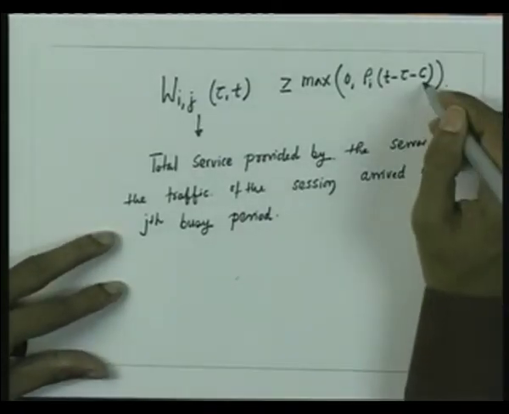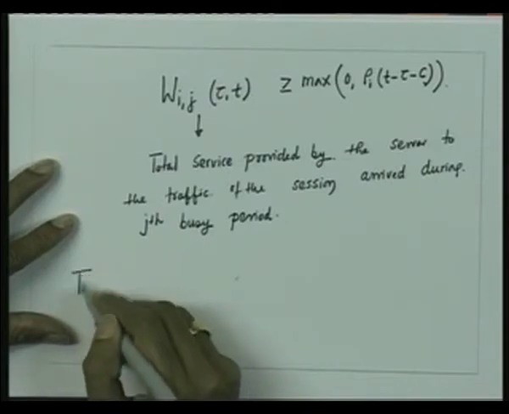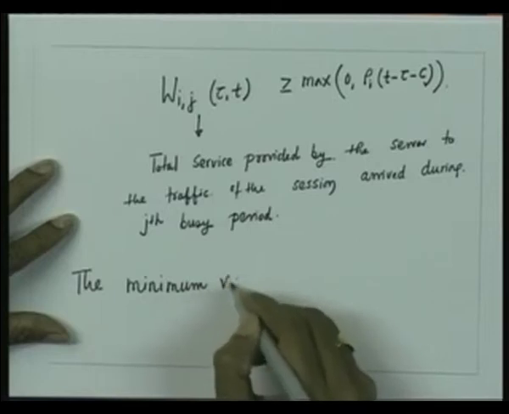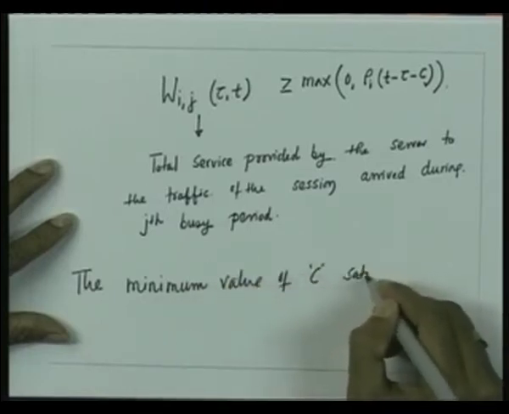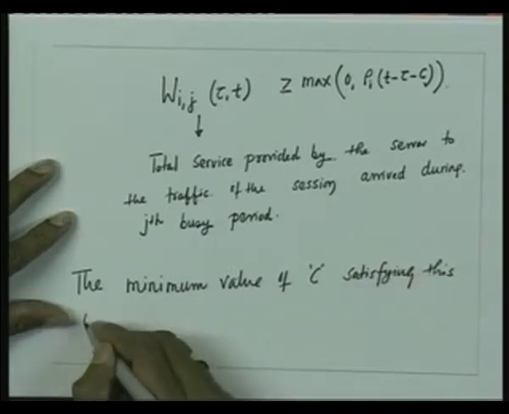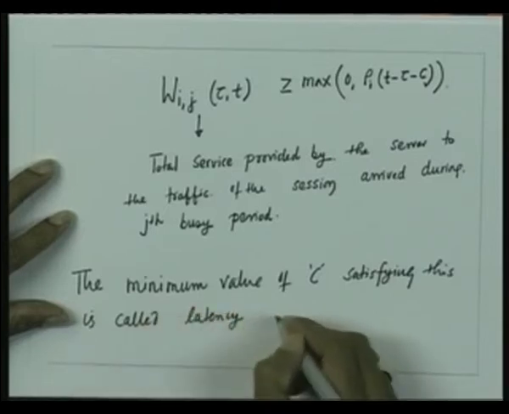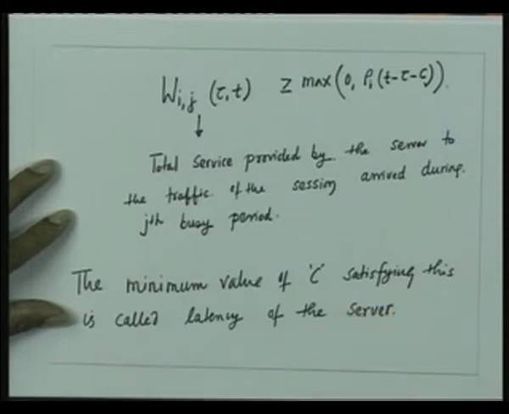The minimum value of C satisfying this is called the latency of the server, which we call latency theta I.